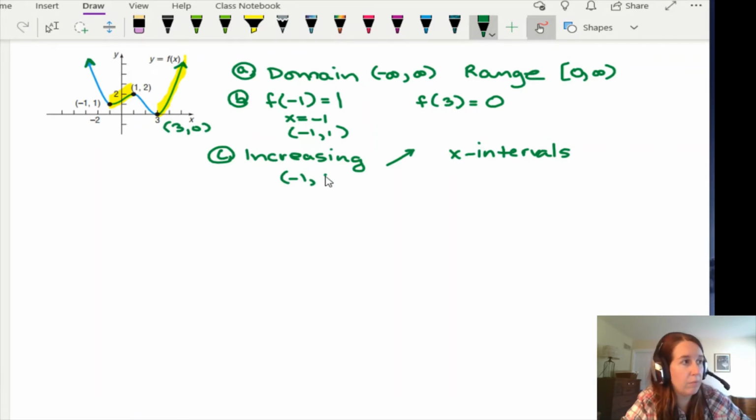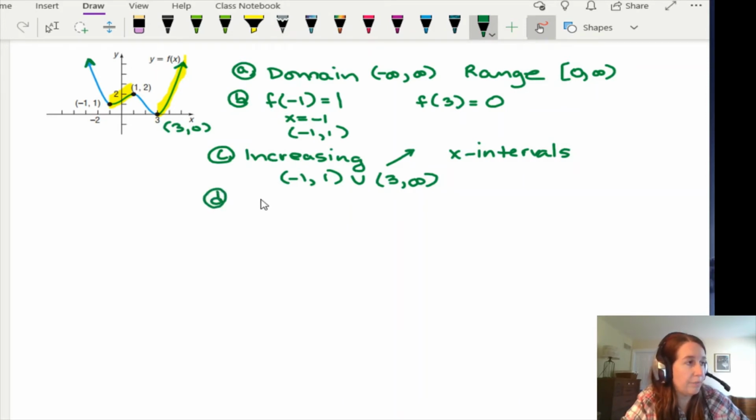Use a union symbol, which is like a U and means and. It's also increasing starting at the x value of 3 and going forever, so that would be infinity. For increasing and decreasing, we're always going to use parentheses.